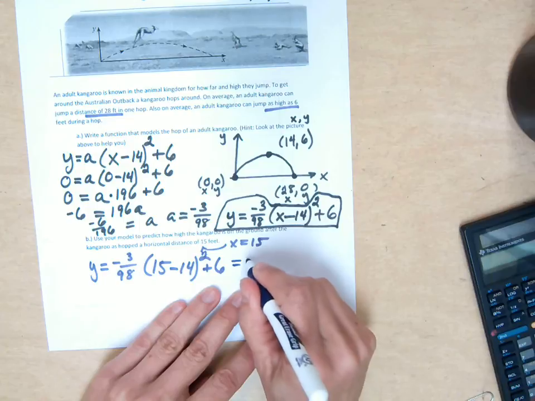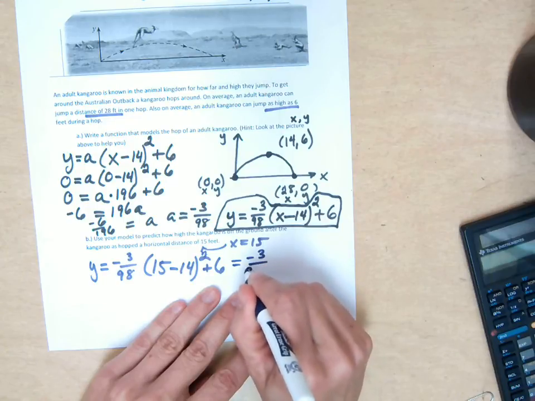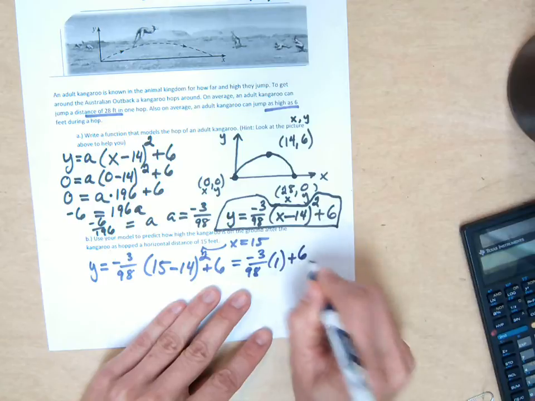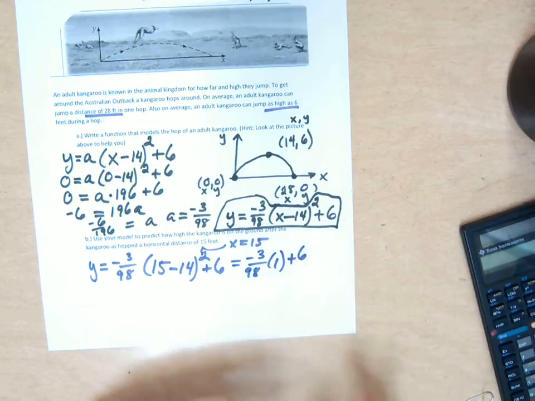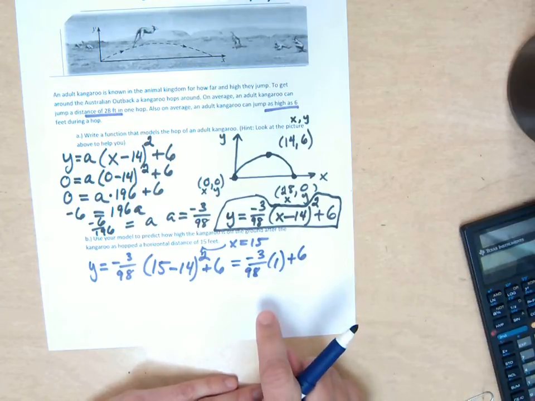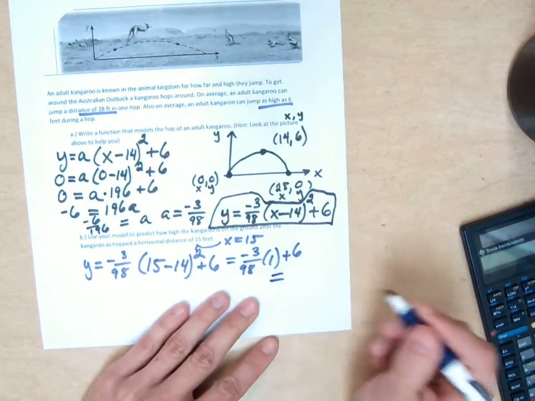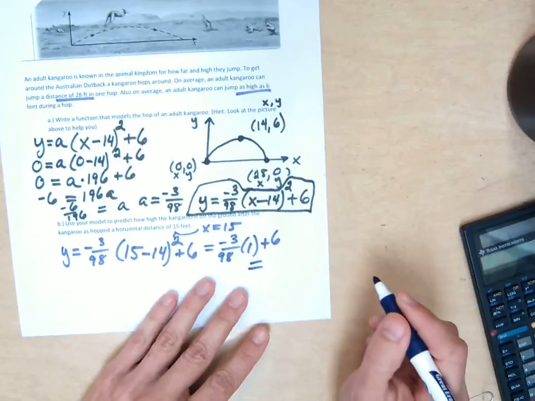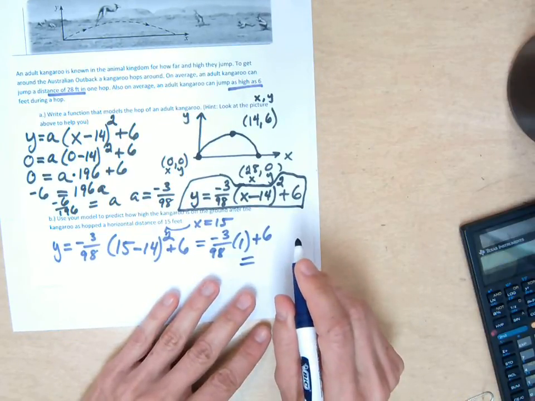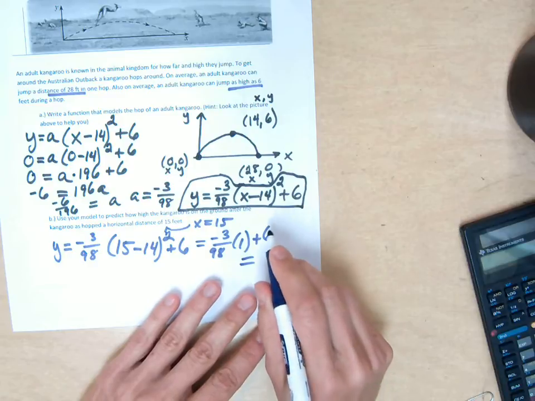You'd usually be able to have that on tests. Or you can just do negative 3 over 98 times 1 times 1 plus 6. I'm still going to want to use my calculator because I want a decimal answer. None of this makes sense to me. So you're going to type that in. What did you get when you carefully typed it in?